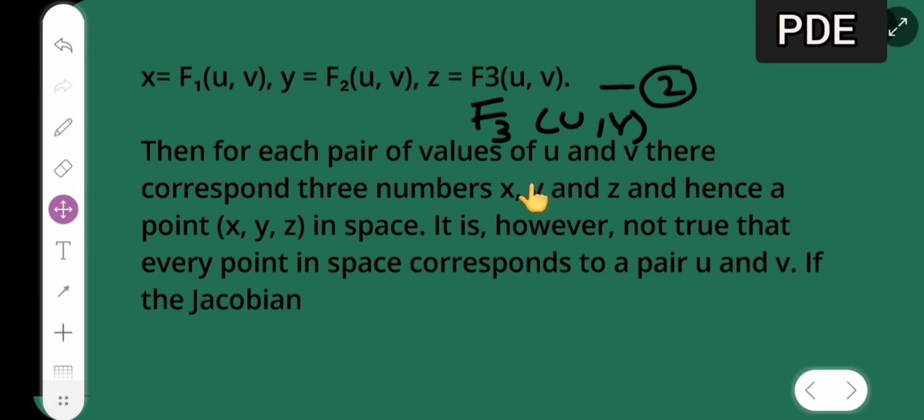So for each pair of values of u and v, they correspond to 3 numbers x, y, z, and hence the points in this space.